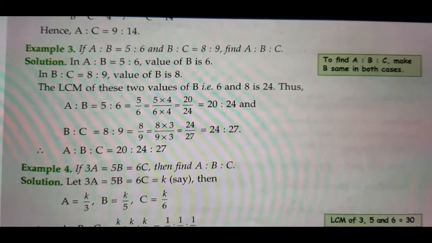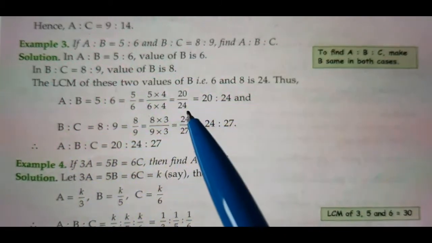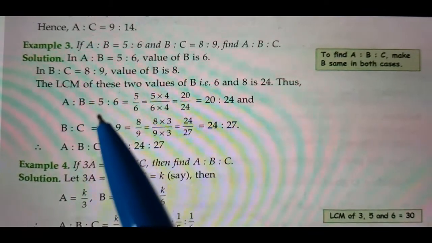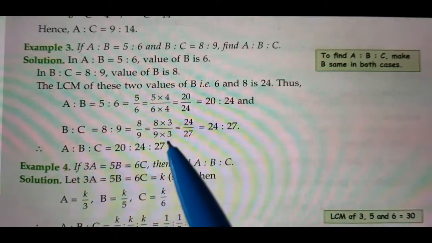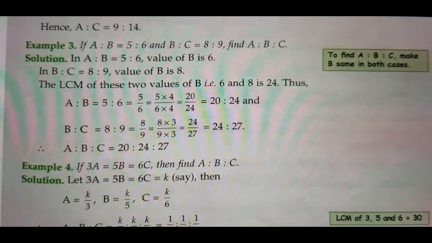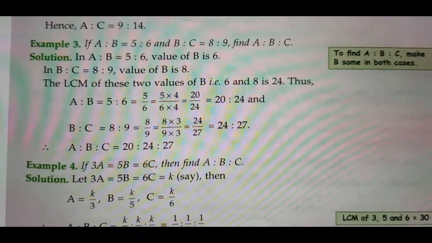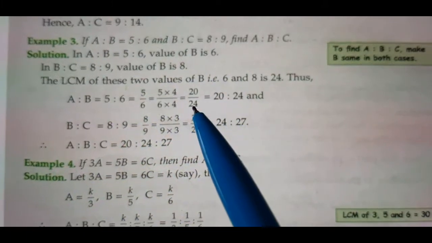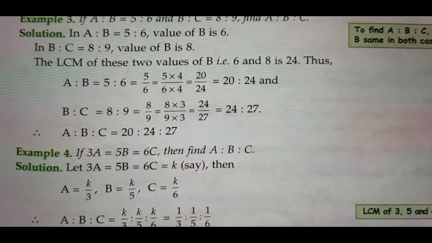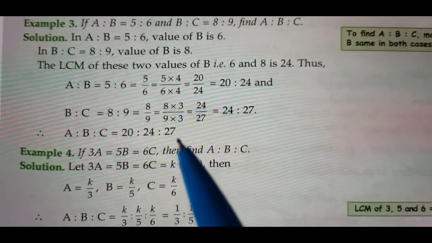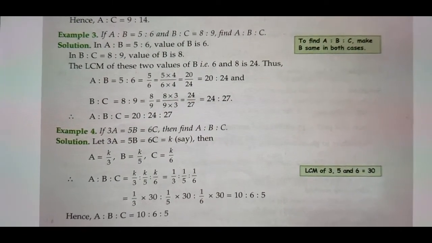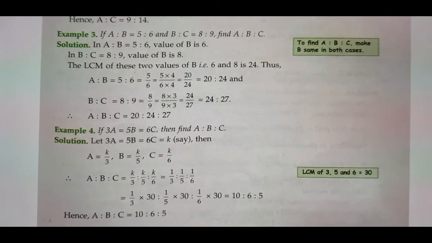So 5 upon 6 is multiplied by 4 to get 24, 20 upon 24, and similarly 8 upon 9 multiplied by 3 to get 24 upon 27. Now we write A is to B is to C. So A we have 20, B 24, same in both, and C will be 27. So this is how we find these kinds of examples.